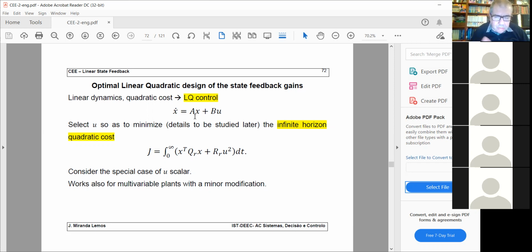Okay, 0 is the equilibrium point, and you select your controller such as to minimize the integral of the sum of the squares of x, which is nothing more than the energy that you spend with these entries of x.